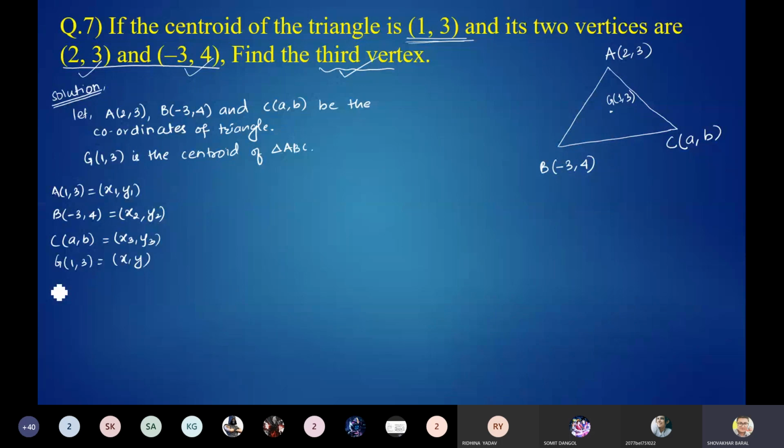Now let's use the centroid formula. Please write along with me.